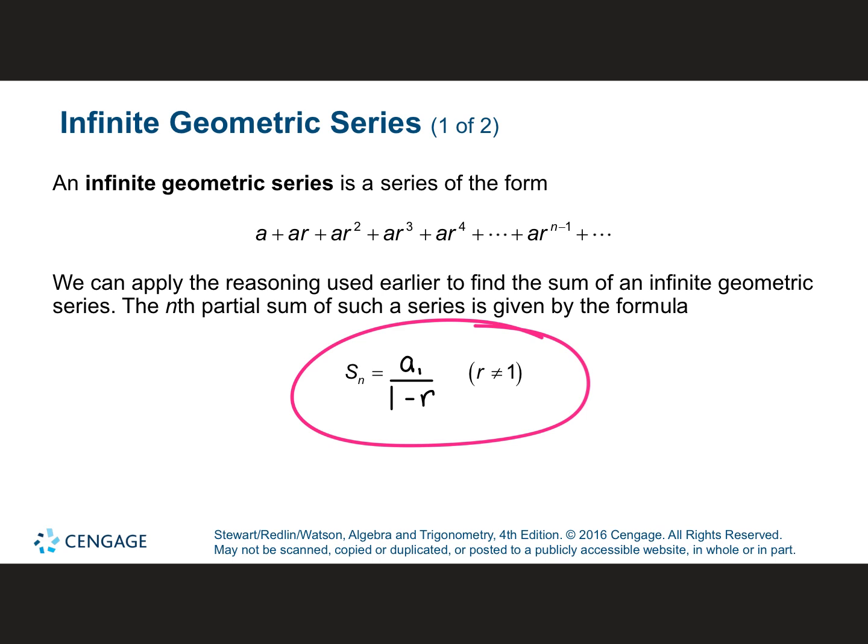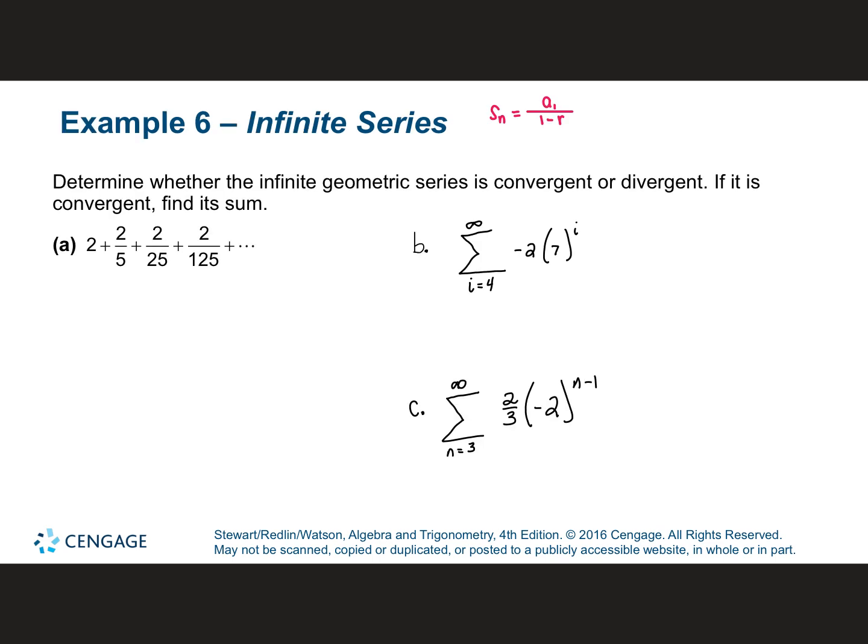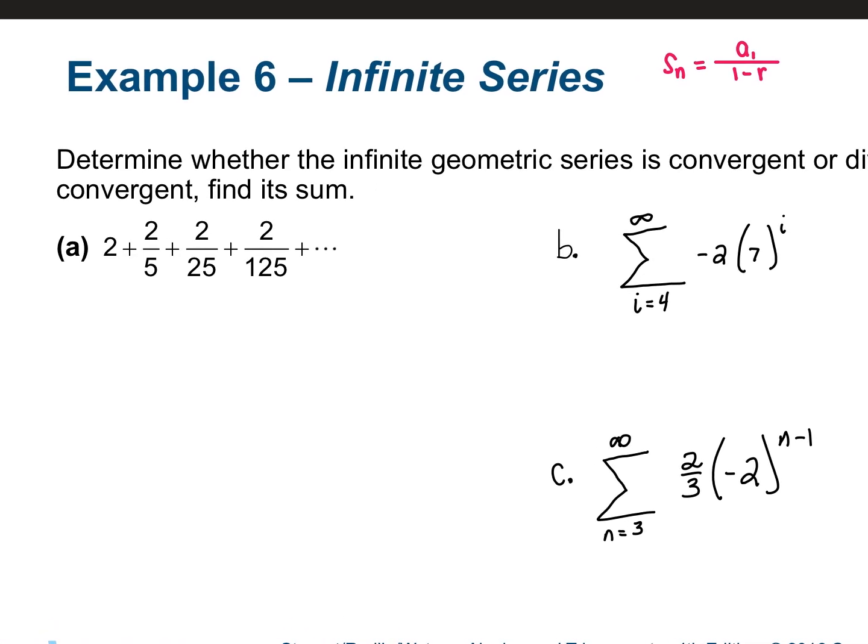So if we use this formula and look at some examples, for our first one, we have 2, 2/5, 2 over 25, 2 over 125, plus ... Remember that ... means infinite. It goes on forever. Look at your change that's happening here.